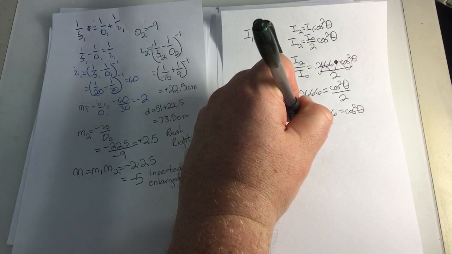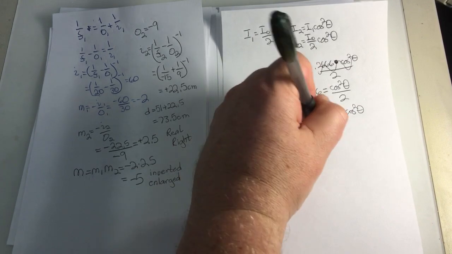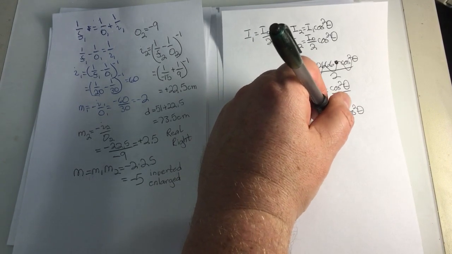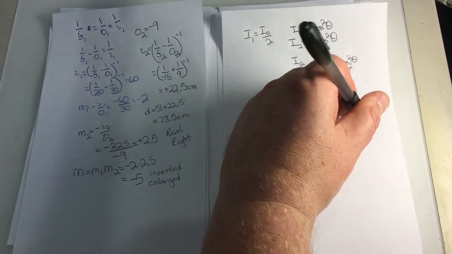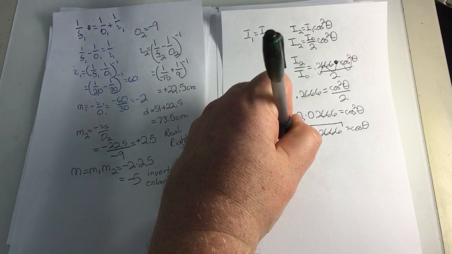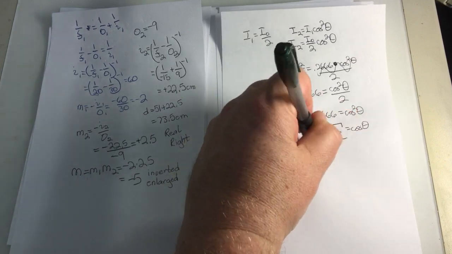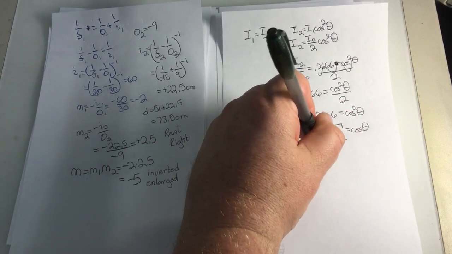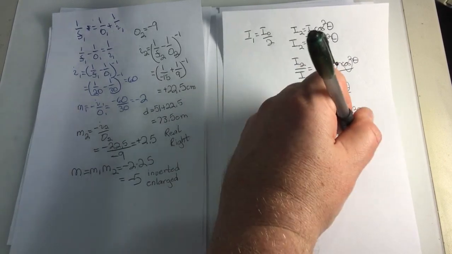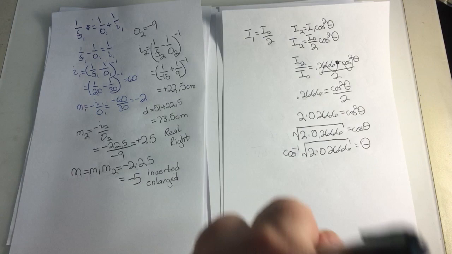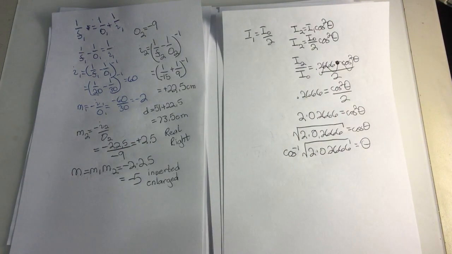Square root of 2 times 0.2666 is equal to cosine theta, and then inverse cosine of the square root of 2 times 0.2666 is equal to theta, which gives us 43.1 degrees.